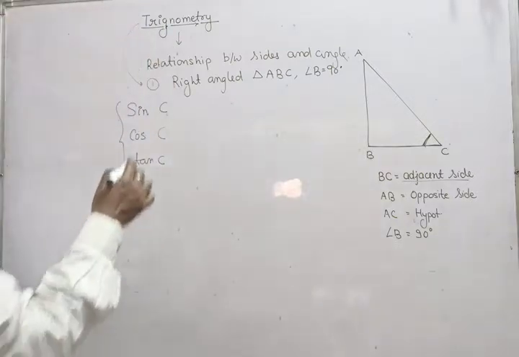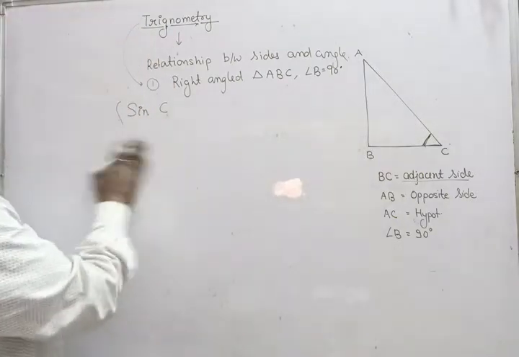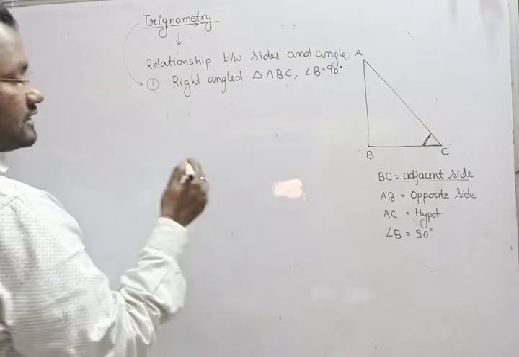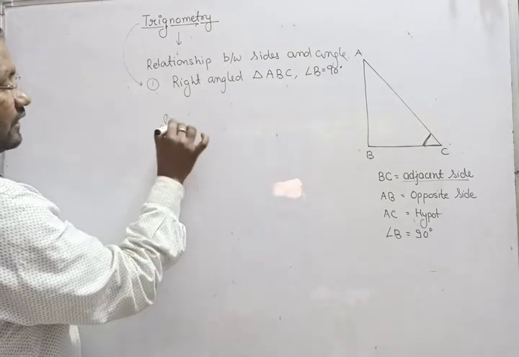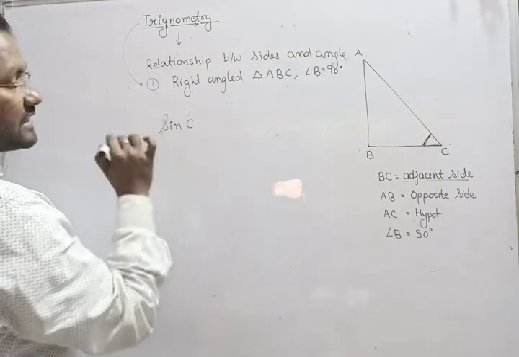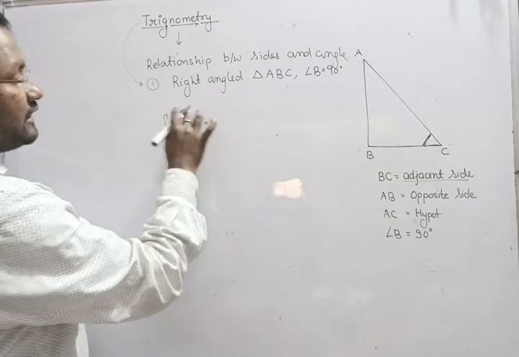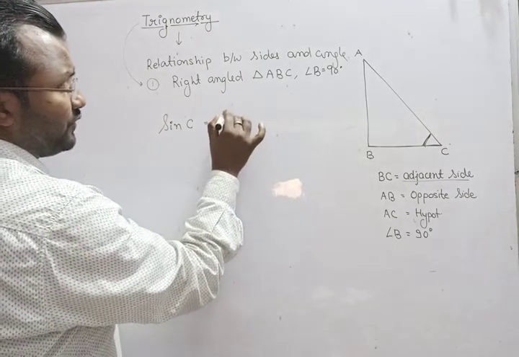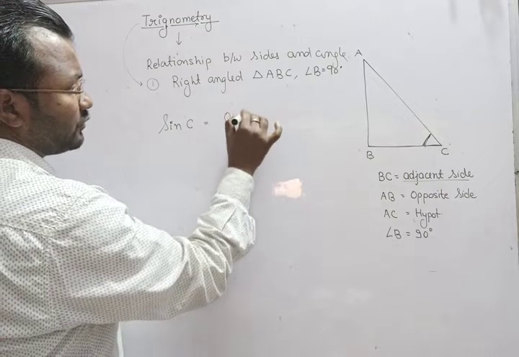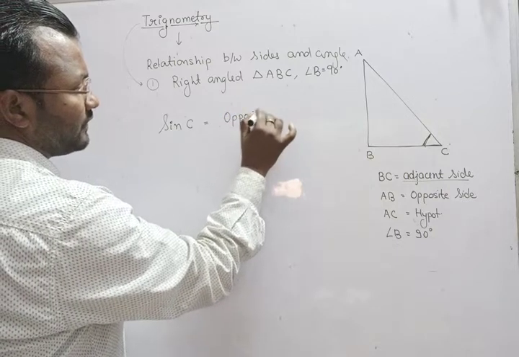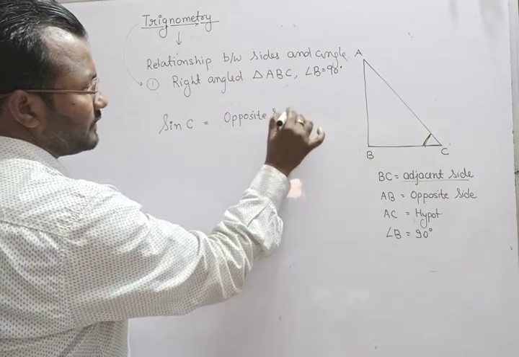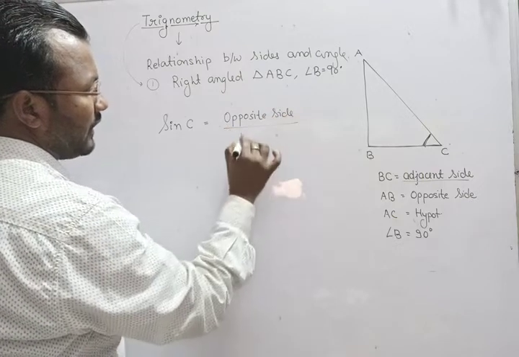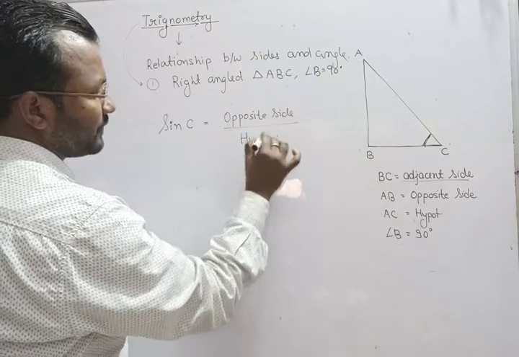Whenever we are working for sine theta, or for this example, if we are going to get the value of sine C, sine C is the opposite side to the relevant angle over the hypotenuse, right?